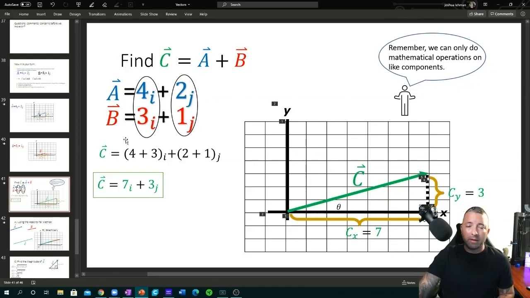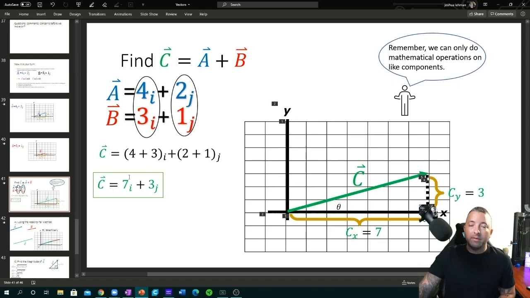So mathematically, we can find our resultant vector C by adding the x components of vector A and vector B. And we can find the y components by adding the y components of vector A and vector B. And you see here 4 plus 3 in the i direction plus 2 plus 1 in the j direction.